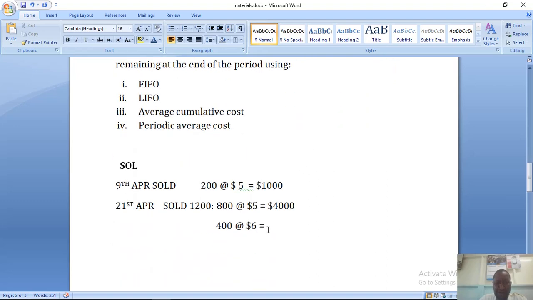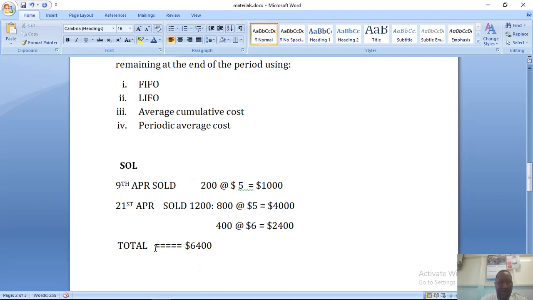So 400 by $6 per unit, that should give us $2,400. So the total of the issue for the 21st of April is about $6,400.